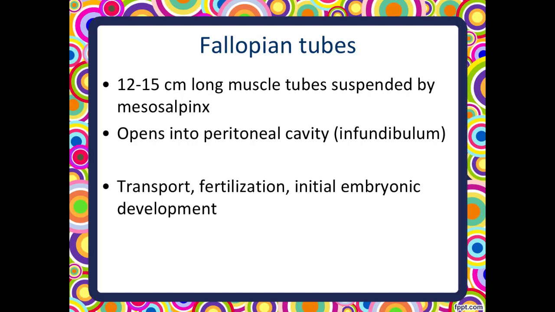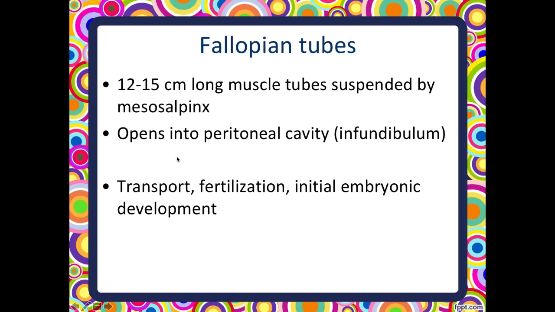We will talk about the fallopian or uterine tubes now, which are paired long muscle tubes suspended within the peritoneal cavity by mesosalpinx. And it has two ends. The distal end opens into the peritoneal cavity freely, and the proximal end is entering the uterine horns.